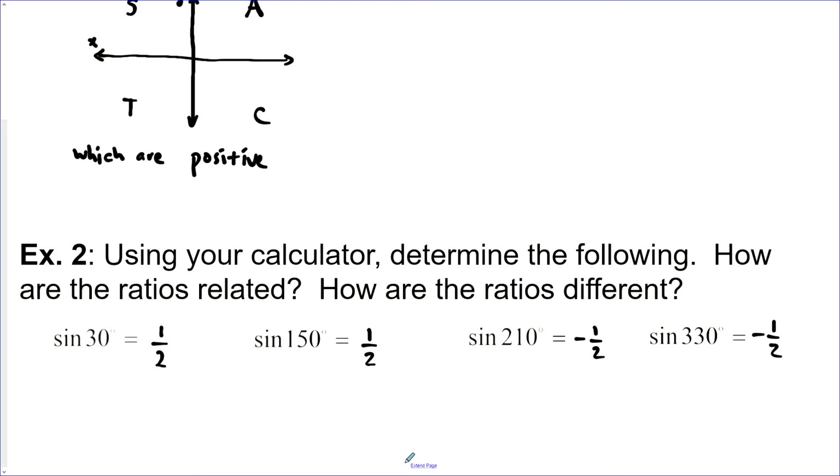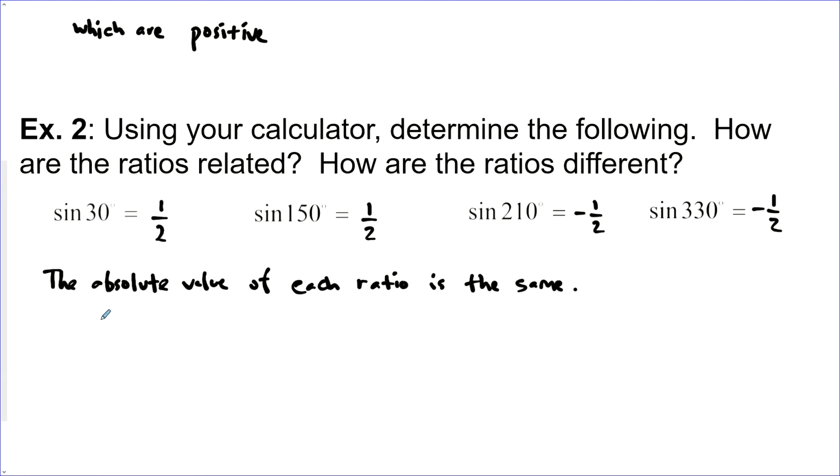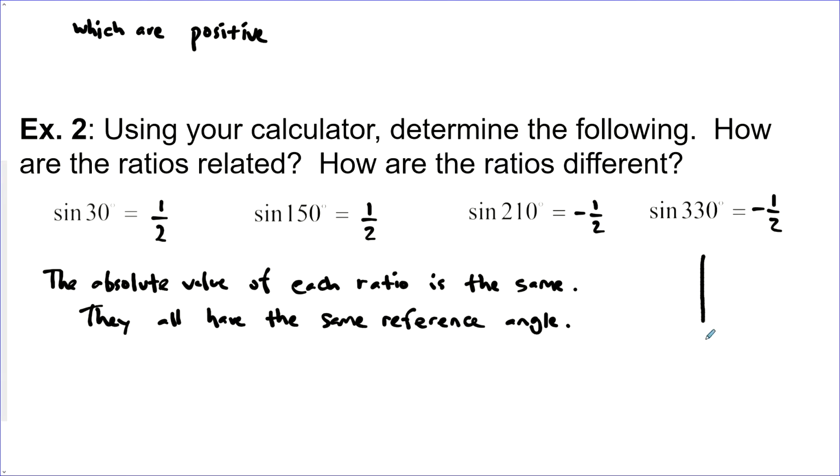Now how are they the same? Well, the absolute value of each of these ratios is the same. Another important note is that they all have the same reference angle. So when we draw this out, we see that they all have a reference angle of 30 degrees. The first one is 30 degrees. The next one is 150 degrees, so that's in quadrant 2 with a reference angle of 30 degrees.